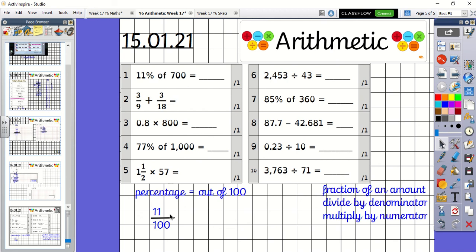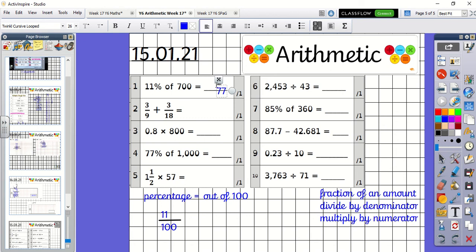So for example, 11 over 100, if I divide by my denominator, so my denominator is 100, so I do 700 divided by 100, I know the answer is 7. Then I multiply by my numerator, 11, so 7 times 11, nice and easy, 77.